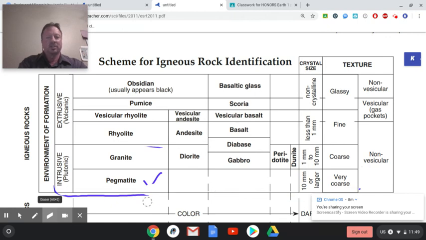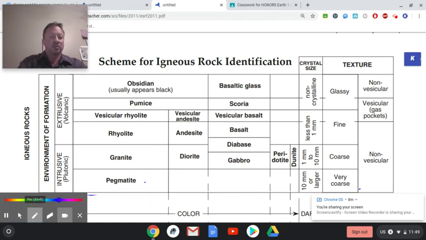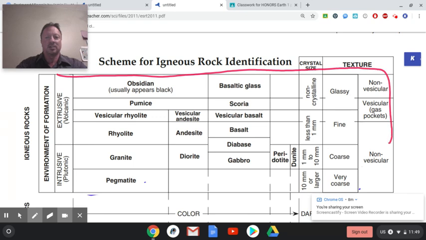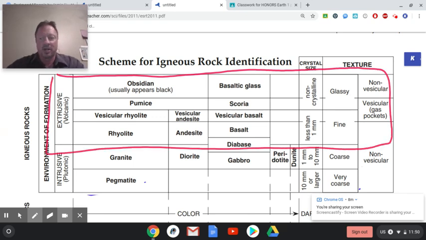Now, the other rocks we have here are our extrusives. Extrusives are these guys. Anything in this box cooled above the ground and is also called volcanic, so everything on this page. And notice the textures again here on the right. The textures for extrusive rocks are glassy, fine, and vesicular.